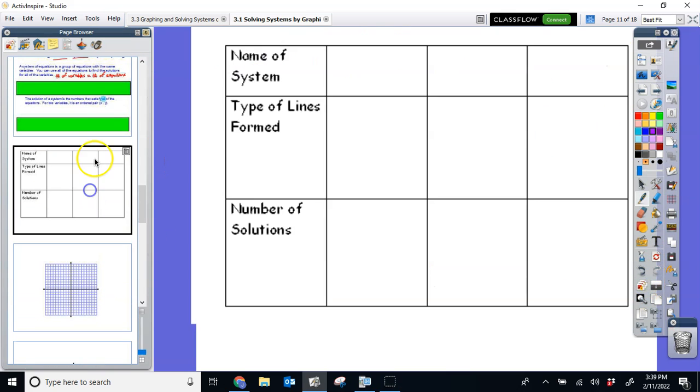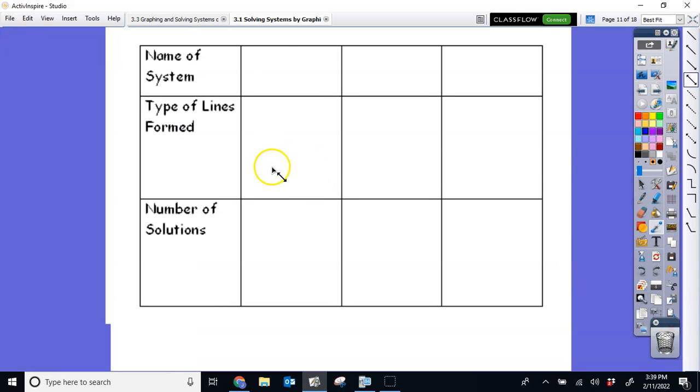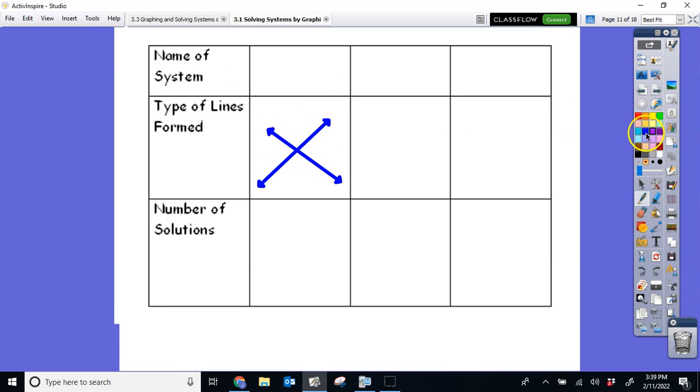So the first type that you should put at the bottom of the page, in that little table at the very bottom, is if you have two lines and they intersect each other, or in other words, they are intersecting lines. And yes, I know I'm putting this in the box here because that is not the name of this system. It's just the types of lines.